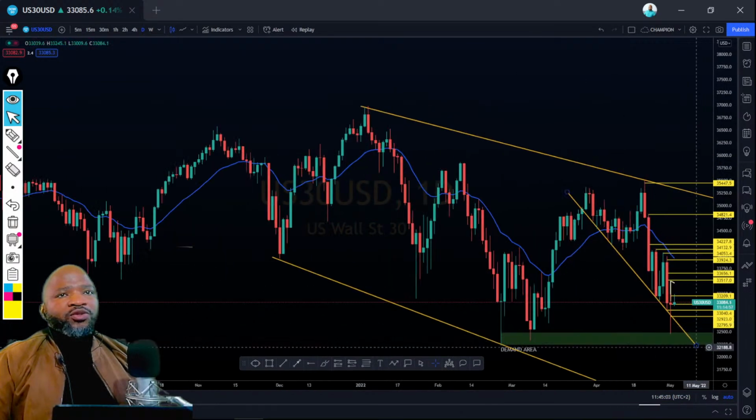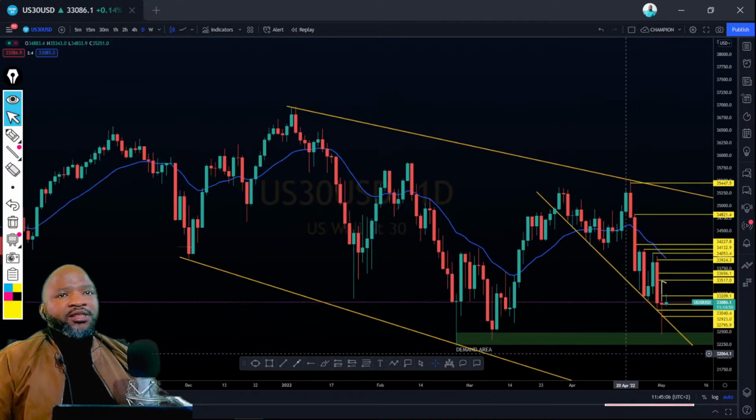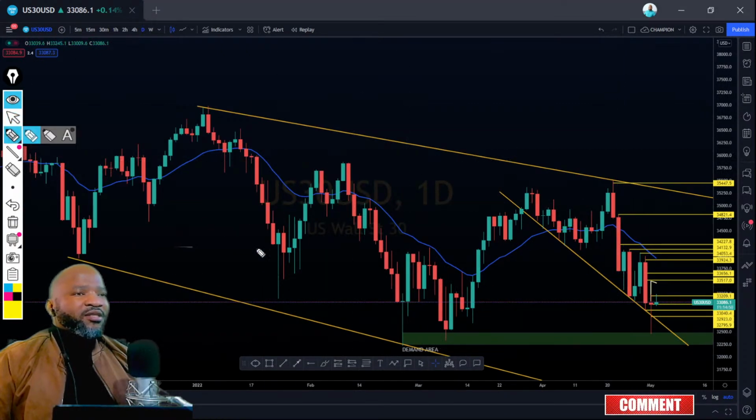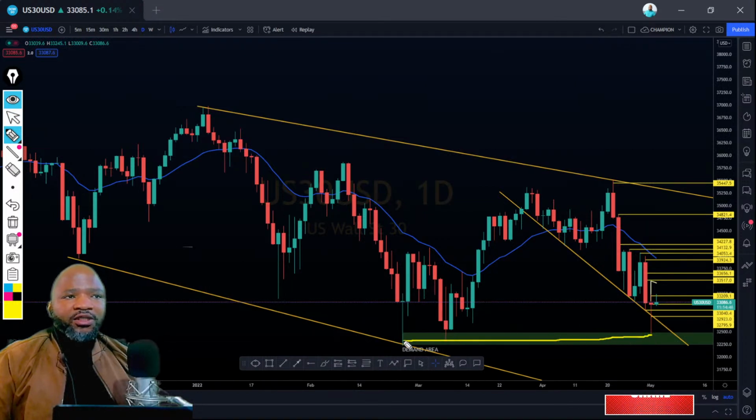Yesterday, as I was doing my analysis and trading, I realized that this level was highly respected, the demand area. Our price was around this level and it pushed towards the upside.